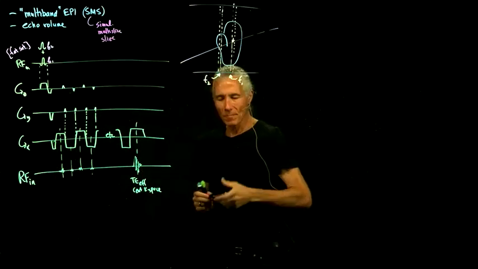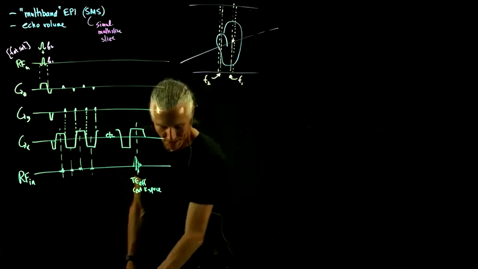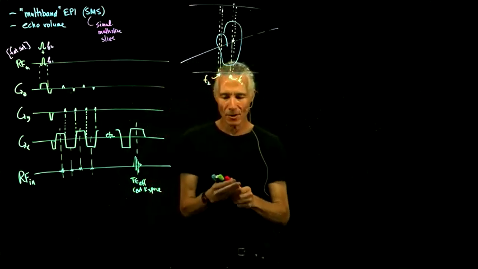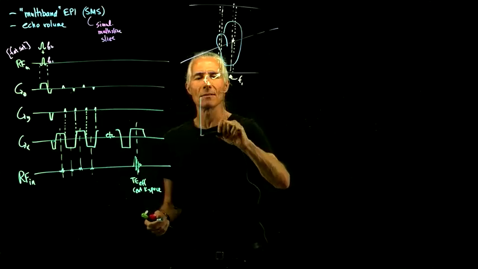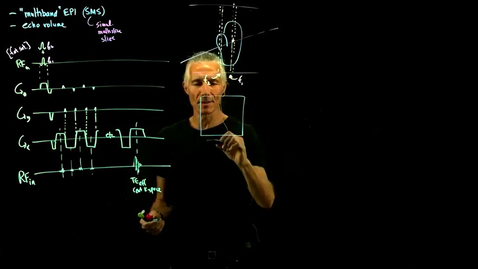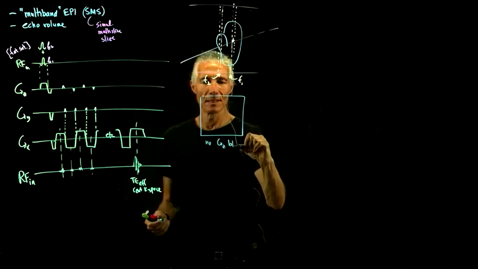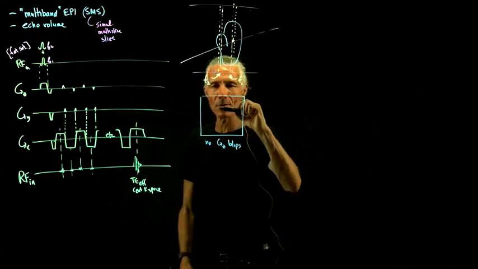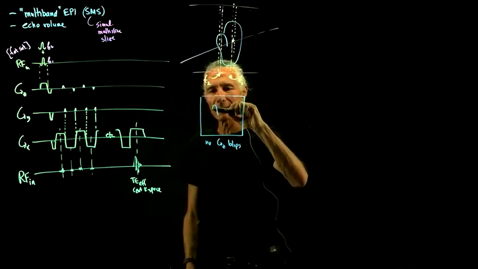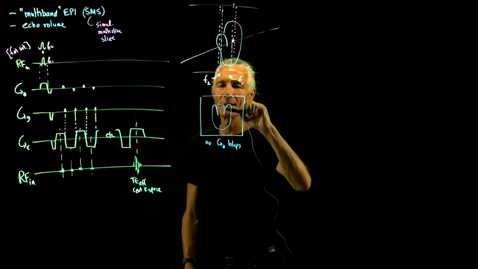So now what do these blips do? This is a little counterintuitive. Say we did no blips, so no GZ blips. Then what would happen is you would end up with one slice. Say this is the temporal lobe, so you're going through the temporal lobes like that.